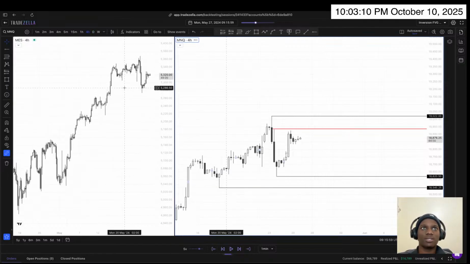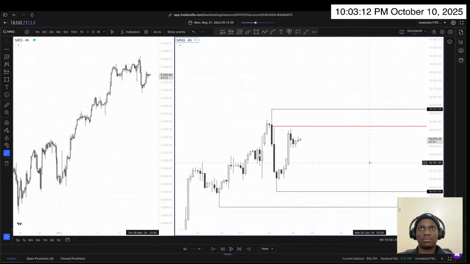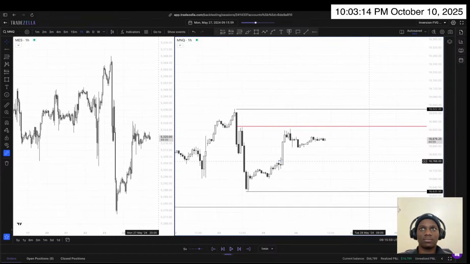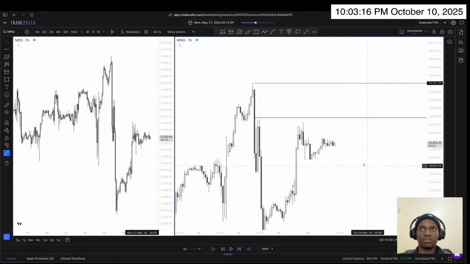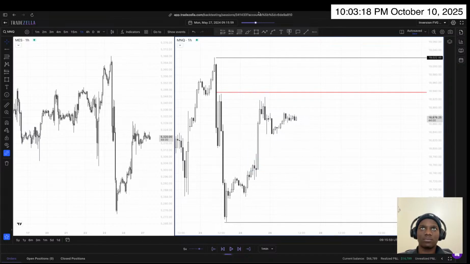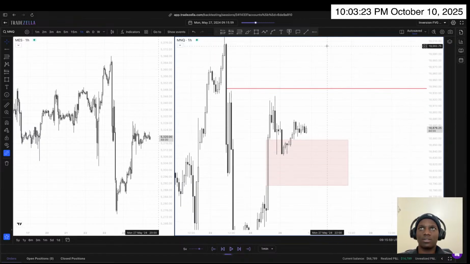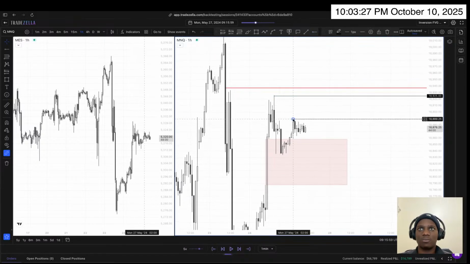By the way, ES is in the daily gap. Beautiful gap there. Buy side and more buy side.